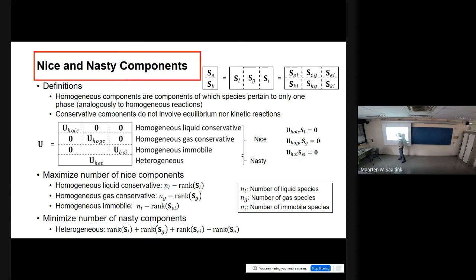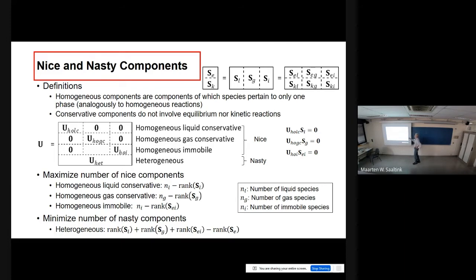Well, of course, what shape do these have to have? If they are homogeneous liquid, the parts which refer to the gas and the immobile phases should be zeros. And over here, I maintain some sort of F part of the component matrix. It should eliminate the equilibrium and the kinetic reactions.